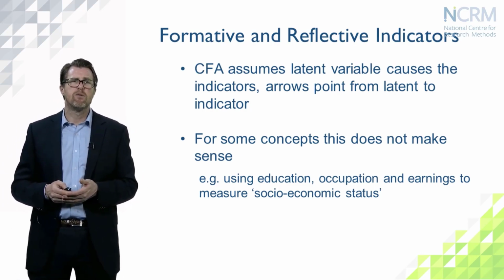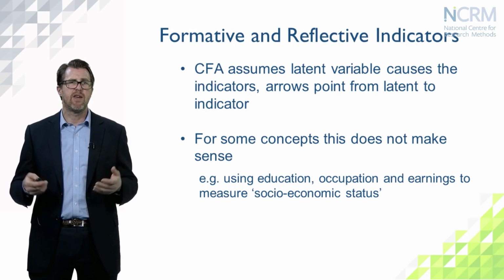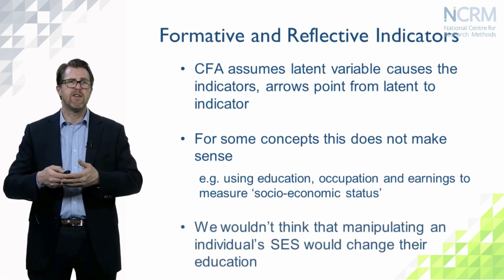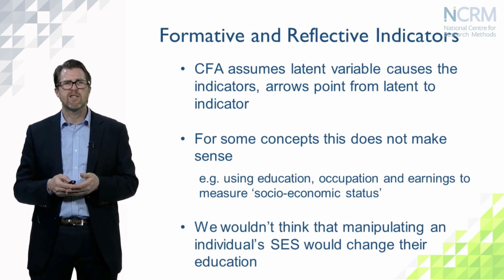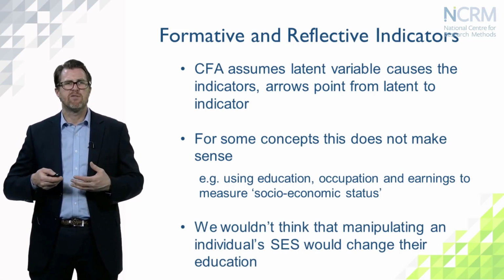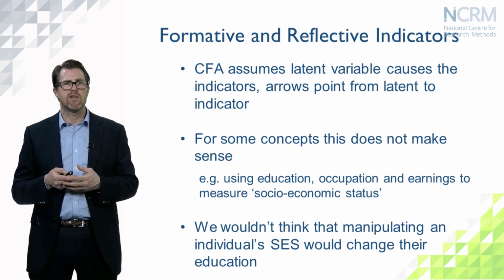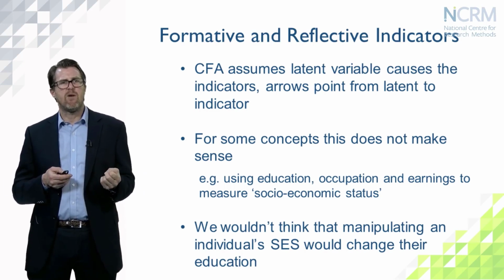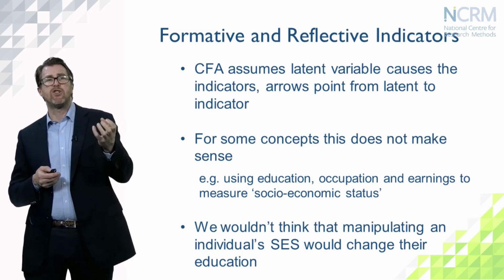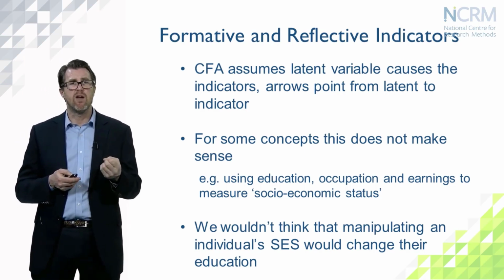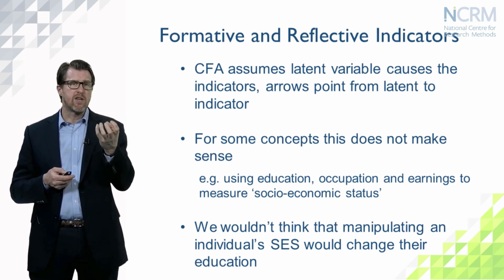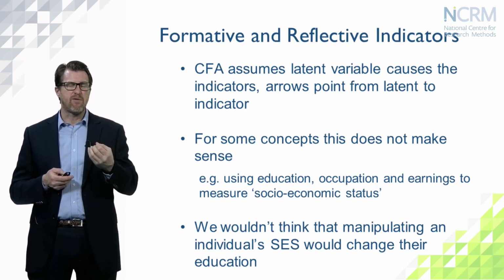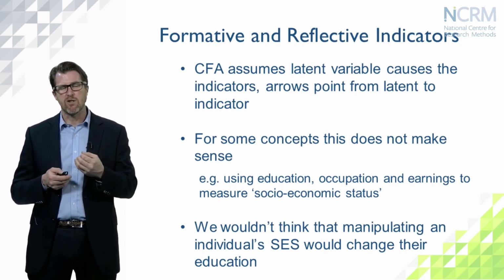What's problematic about this in the reflective indicators context is that it doesn't really make sense to say that I have some underlying socioeconomic status, and that if that were to change, then my educational level would change, or my earnings would change, or my occupation would change, because actually causality is flowing in the other direction, if there is any causality going on here at all.